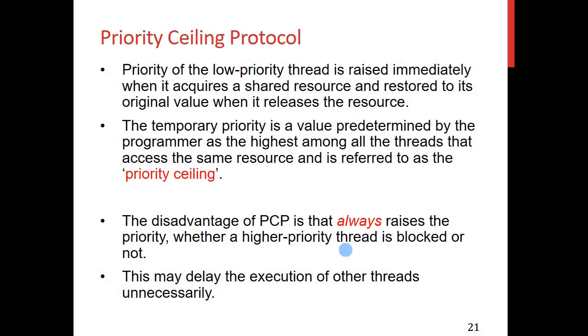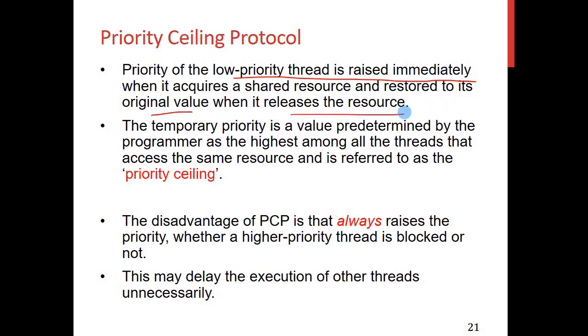The other protocol is what we call the PCP, the priority ceiling protocol. So in priority ceiling protocol, the priority of the low priority thread is raised immediately the moment it acquires a shared resource, and restored to its original value the moment it releases the resource.